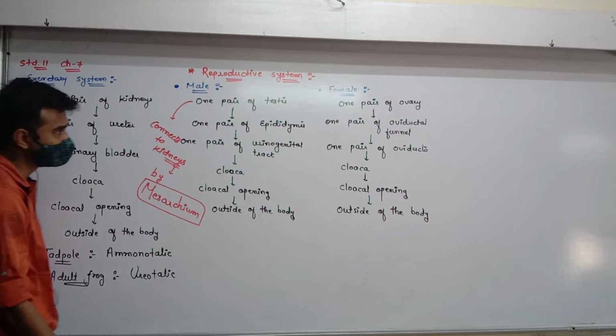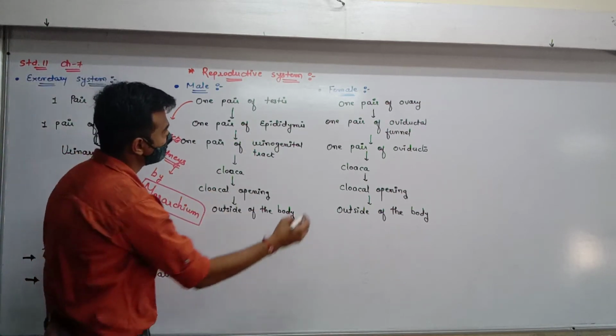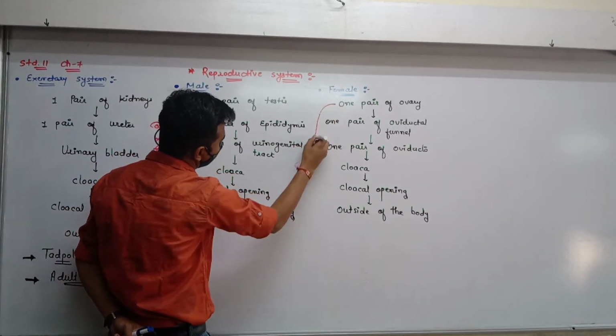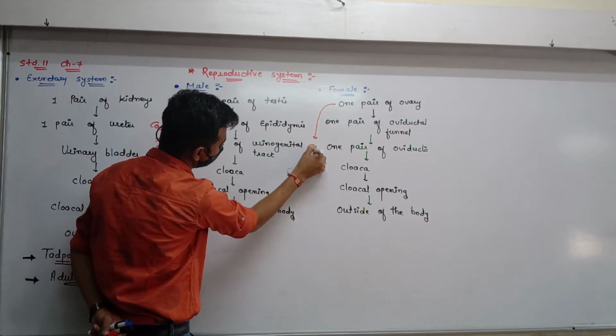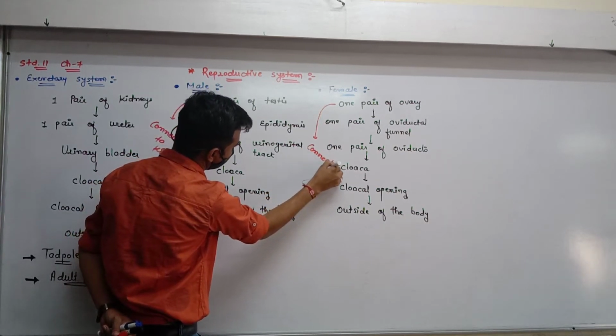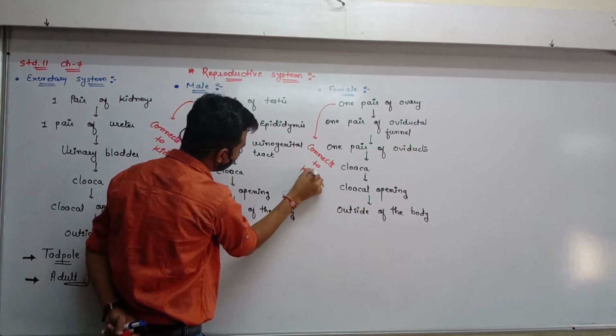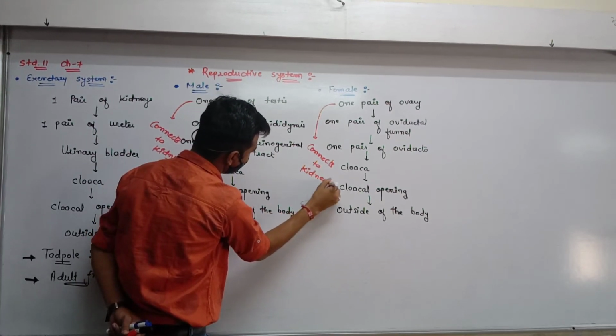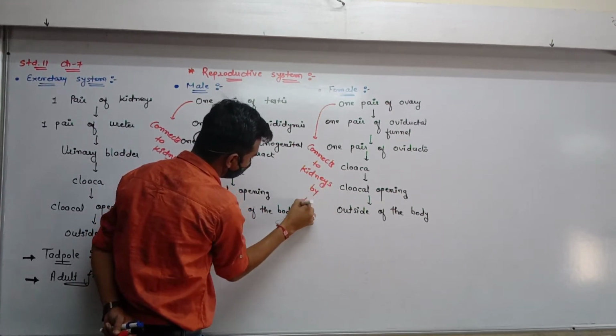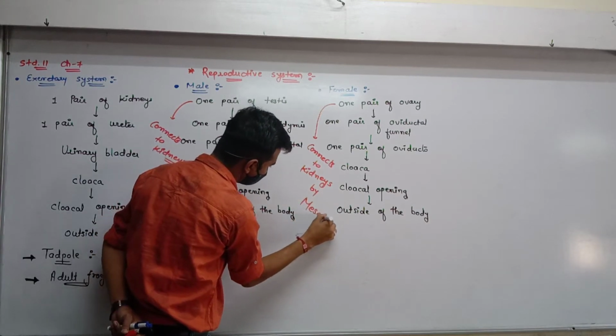And here I can change the point: in female frogs, the ovary connects to the kidney by mesovarium.